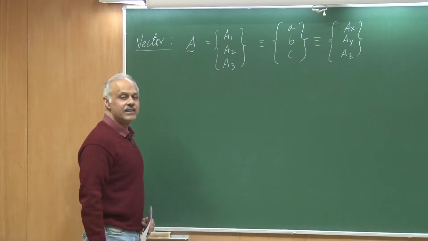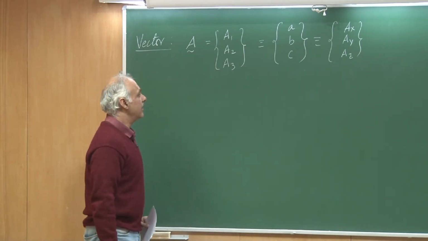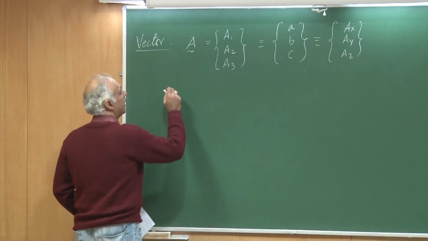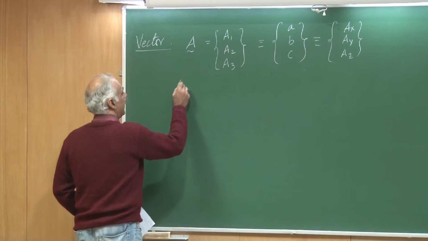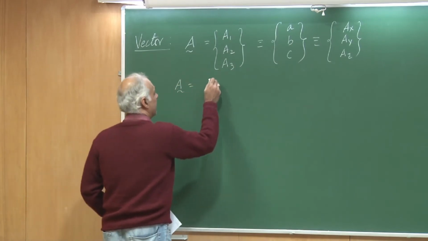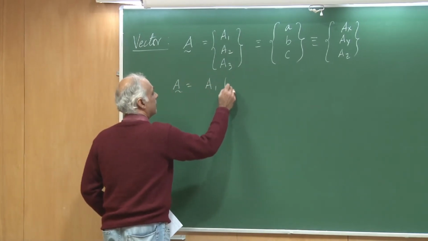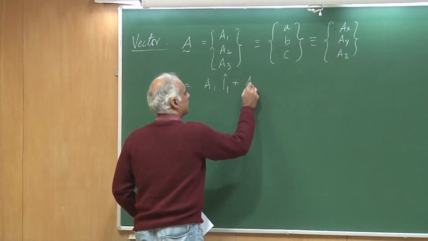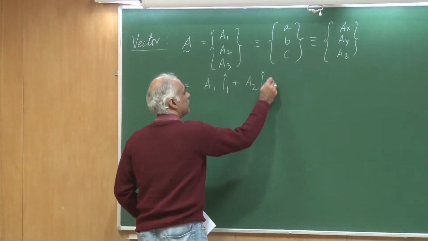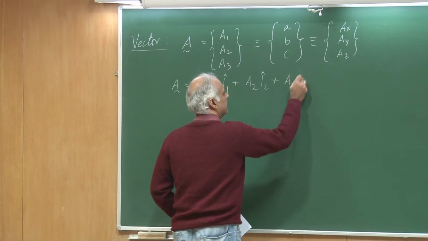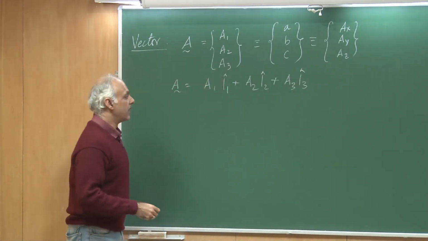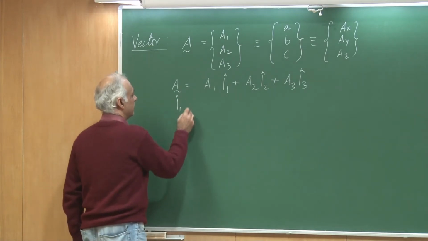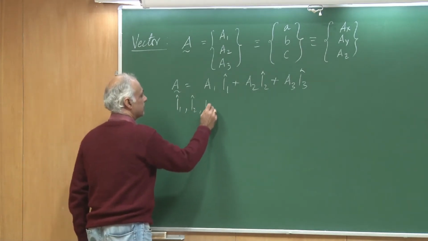We can use any notation that we would like, but in a vector form I could say that these are the components of A and I could write A as perhaps A1 I1 plus A2 I2 plus A3 I3, where I1, I2 and I3 are my unit vectors.